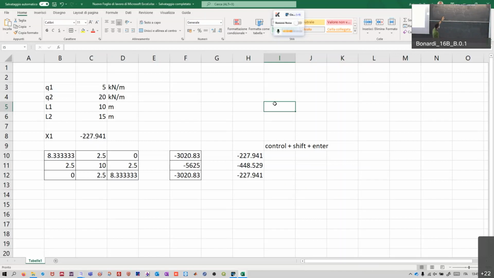So we have VA plus VC plus VE plus VG plus VI minus Q1 times L1, Q1 times L1, Q2. All the y terms have to be equal to 0.